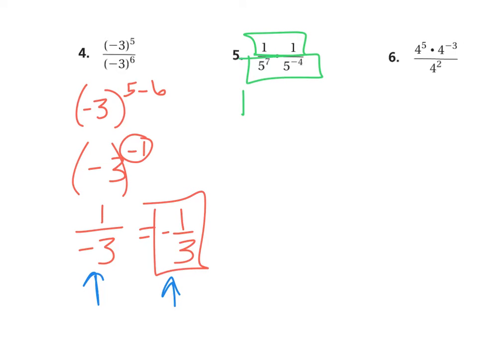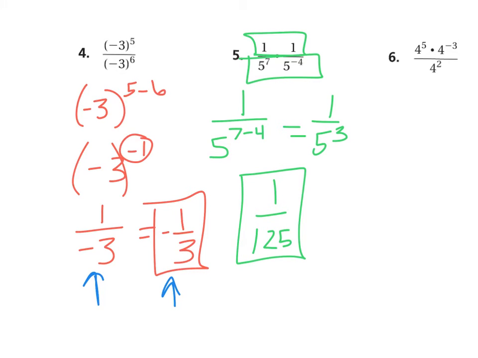So 1 over 5 to the power, this is multiplying base numbers, so 7 plus a negative 4, which ends up being 7 minus 4. So then you simplify that, and you get 1 over 5 to the power of 3. Okay, well then I just simplify. The 5 to the power of 3 gives me 1 over 125, because 5 times 5 times 5 should give you 125. Good. All right. Last one.